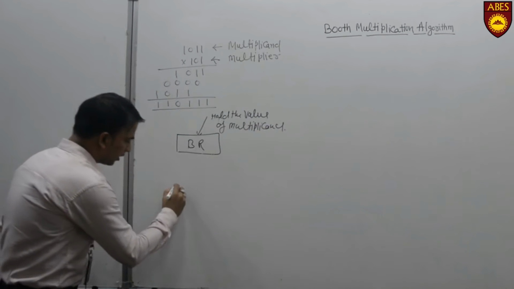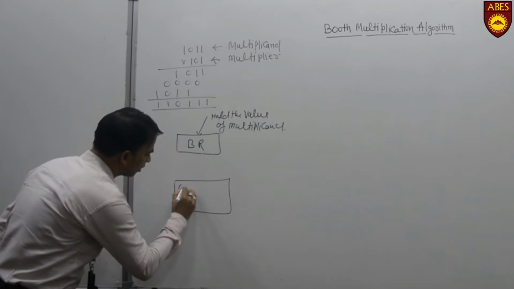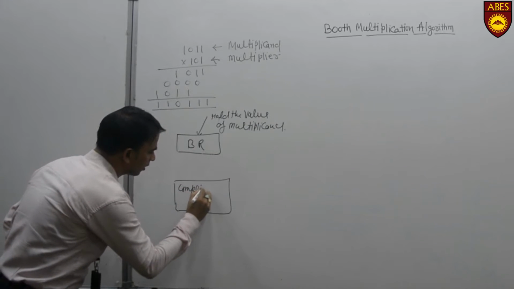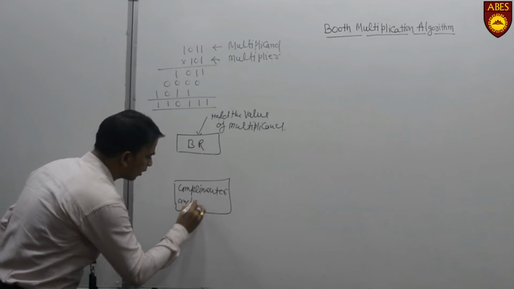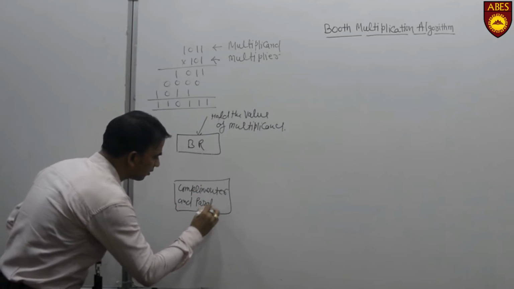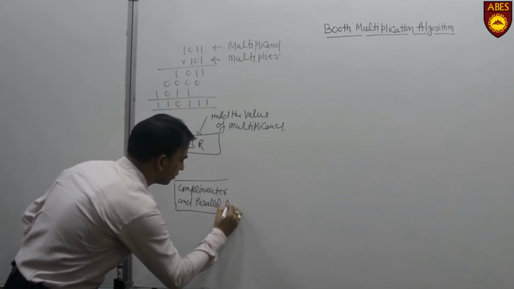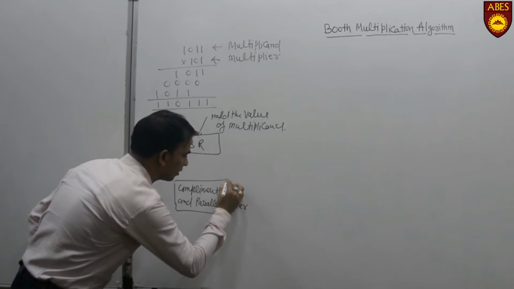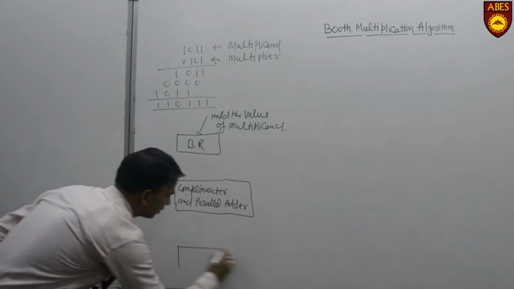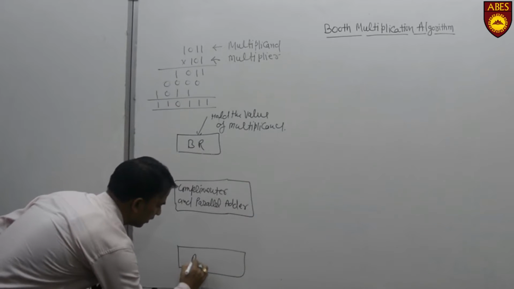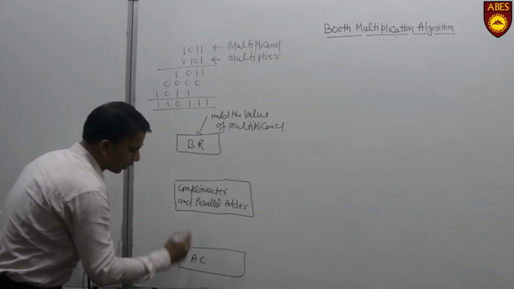And one combinational logic circuit, the complementer, and a parallel adder, and we need another register, AC, that basically holds the partial product.